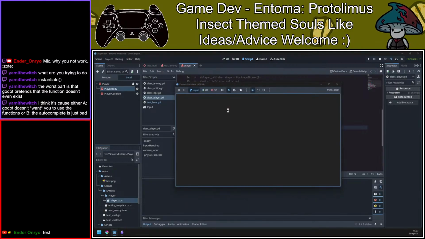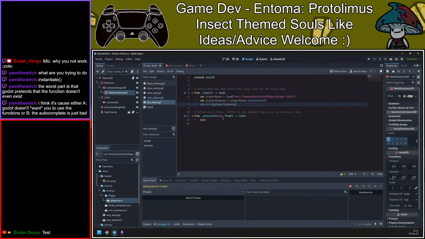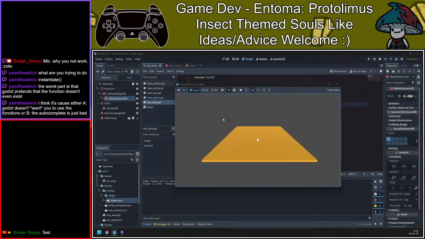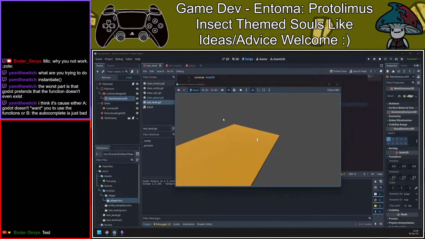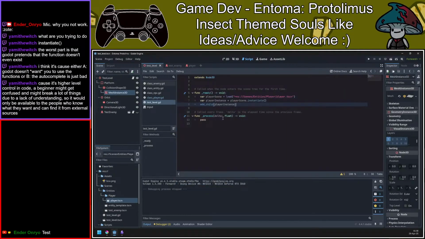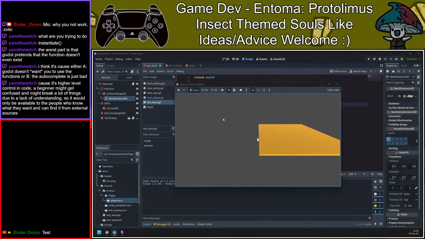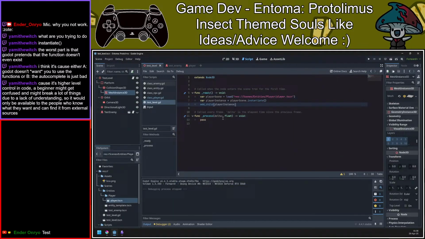Okay, so... Oh, wait, wrong level. Interesting. Huh. Slippery. Higher level control and code. A beginner might get confused, might break a lot of things due to lack of understanding. Only be available to people who know what they want and can find it.